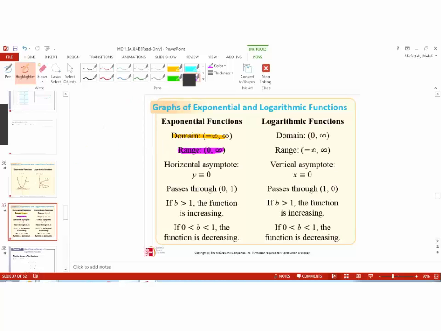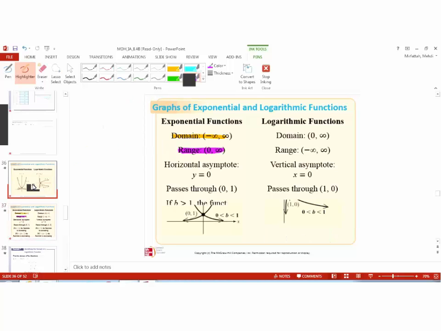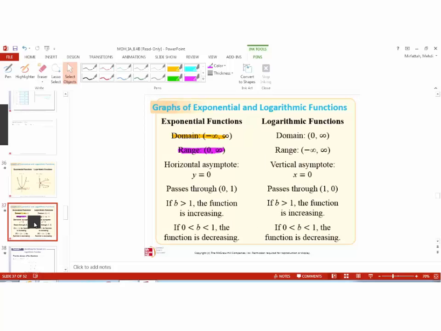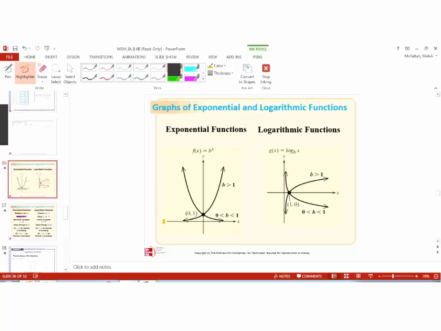You can easily verify that if you look at the exponential function, you can see the graph goes all the way from left to right, covers all the x. So that's how you can verify that the domain would be all real numbers here, just covering everything on the x-axis.